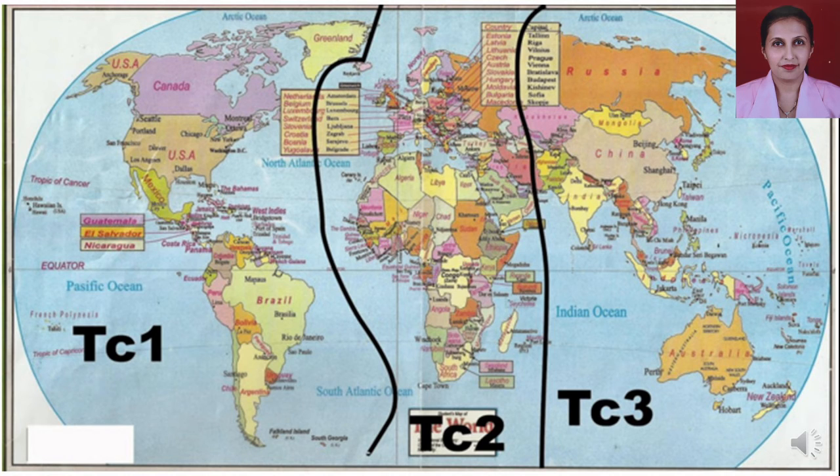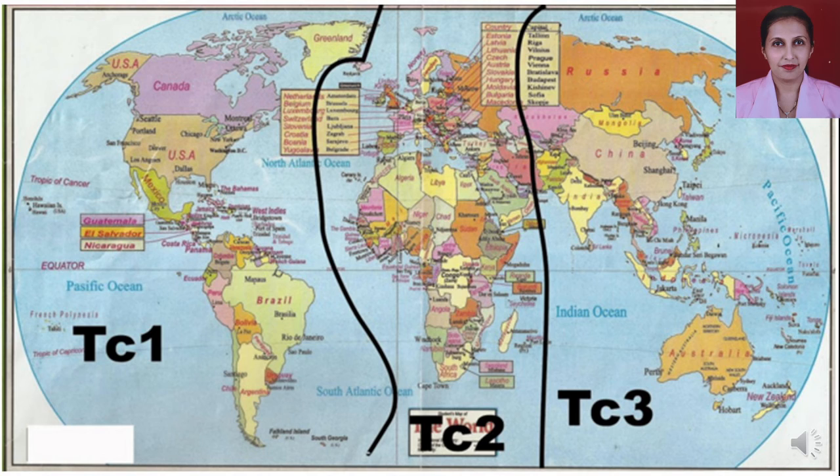The middle part of the world map, which includes the left side of the European continent, the west side of the Asian continent, and the entire African continent, comes under TC2. And TC3 is the remaining part of the European and Asian continent, the adjacent islands, and the countries down south, Australia and New Zealand.